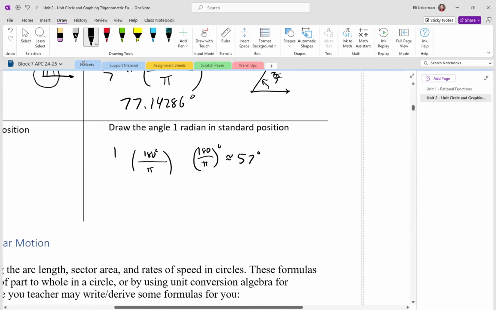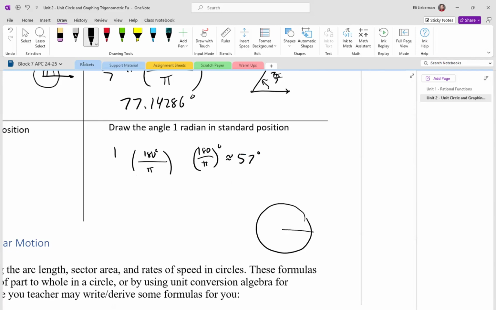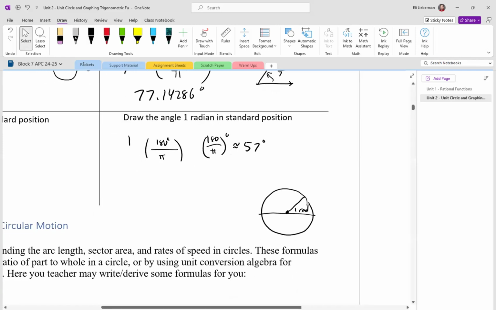And so if we were to look at a circle and take the radius and wrap it around the circle, just 1 radius wrapped around the circle, we would have the exact measure of 1 radian. By definition, it's the angle that wraps 1 radius around the circle. It's about 57 degrees. Any questions?